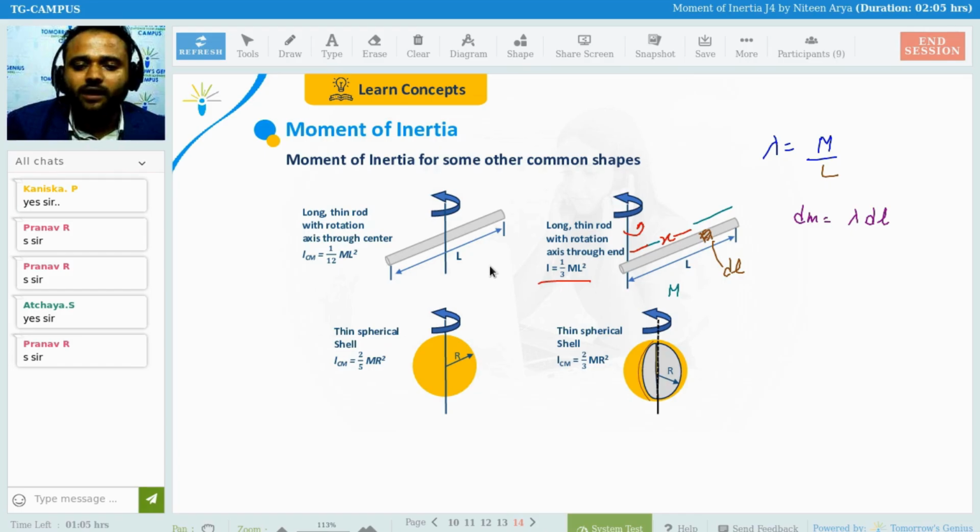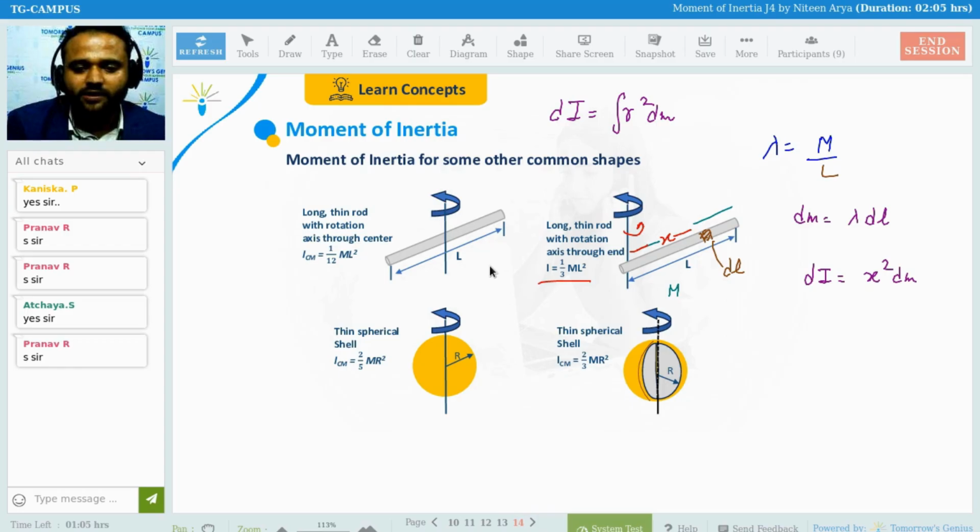I want to find the moment of inertia for this small dl element. So dI is r square dm. In this way we can do it, and then integrate with whatever limits are given.